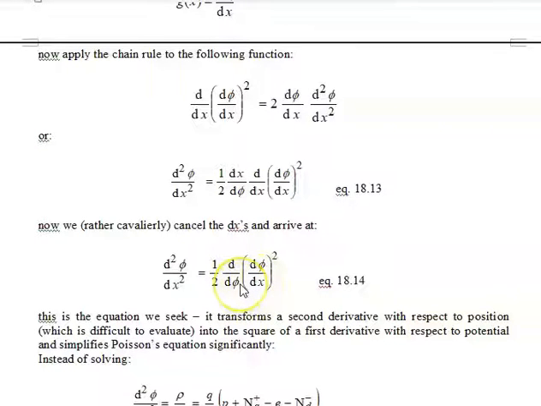This I can integrate. What I've changed is from a variable of x to the independent variable phi, and I have the electric field squared, and that is really nice.